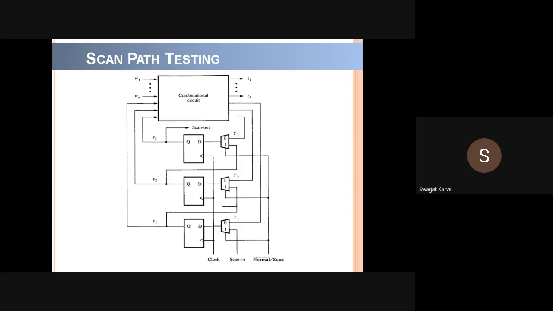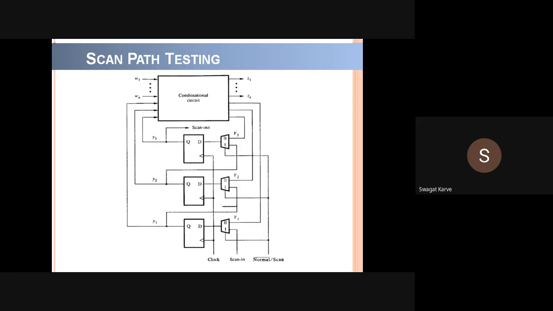Now, in this lecture, we are going to discuss sequential logic circuit testing. We have already discussed the different methods for combinational logic circuit testing: stuck at fault, path sensitization, and random test.